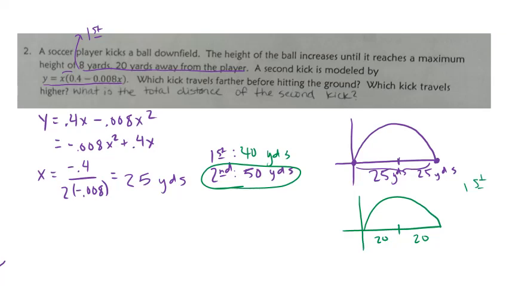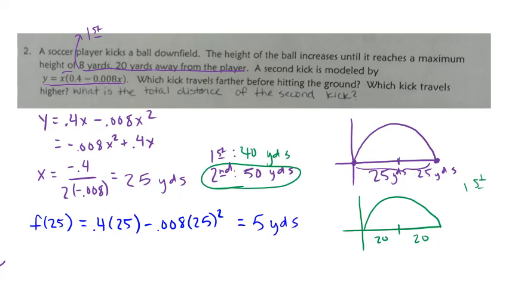Okay, the next question is which kick travels higher? All right, so in order to answer that one, we already know that the first one is 8 yards high, so we need to compare that to the second one. So we're going to take our 25 that we found for the x value, and we're going to plug that into the function. So that would look like 0.4 times 25 minus 0.008 times 25 squared using correct order of operations, and that comes out to 5 yards.